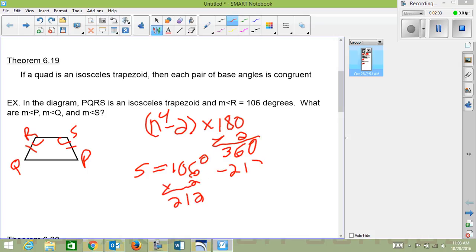You subtract this from your total, which is 360, and you have 148 degrees left for the other two. We also know that this one and this one have to be equal as well, because there's congruent sides. So if you divide this by 2, the other two would be 74 degrees also. So Q and P would both be 74 degrees. Angle S would be 106 degrees.